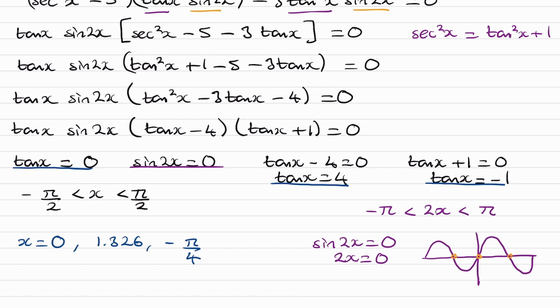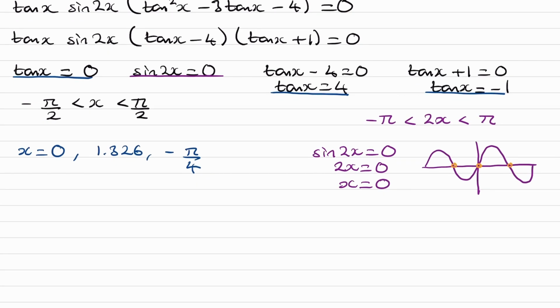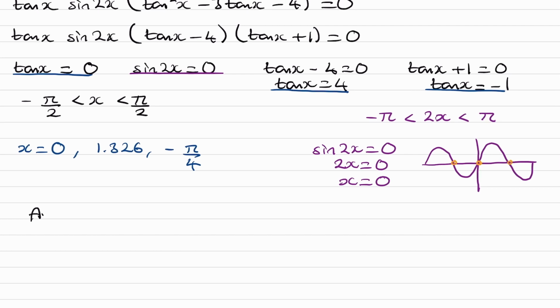So for that reason, this would be our only solution. So we can divide both sides by 2, we get x is 0. And that corresponds to the solution that we have over here. So our final answers would then be x equals 0, 1.326, and minus pi over 4.